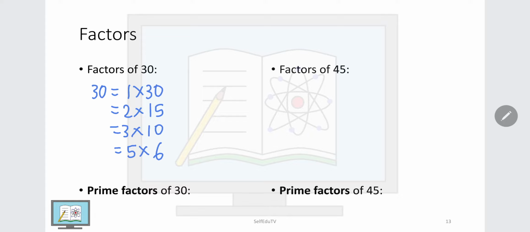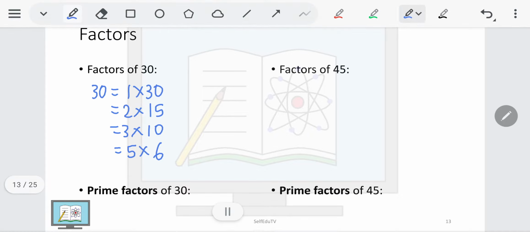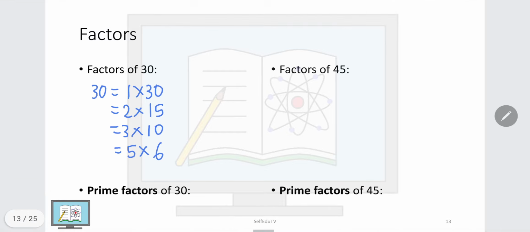So these are the factors of 30. In total, there are 8 factors.